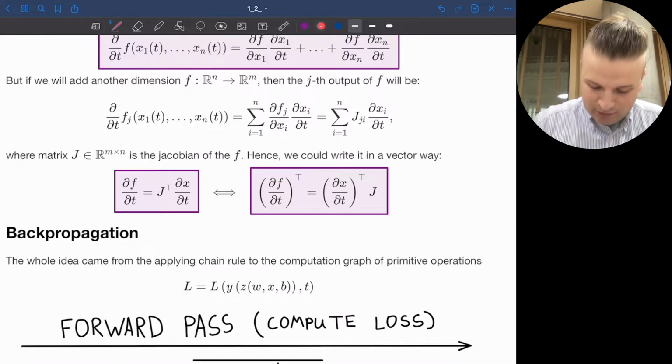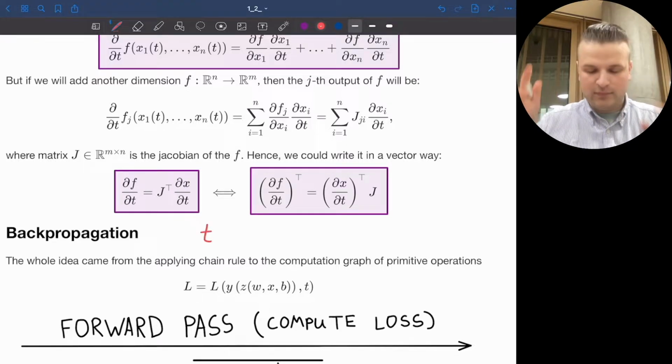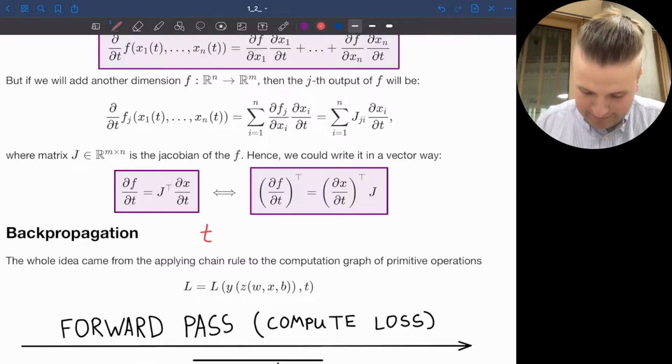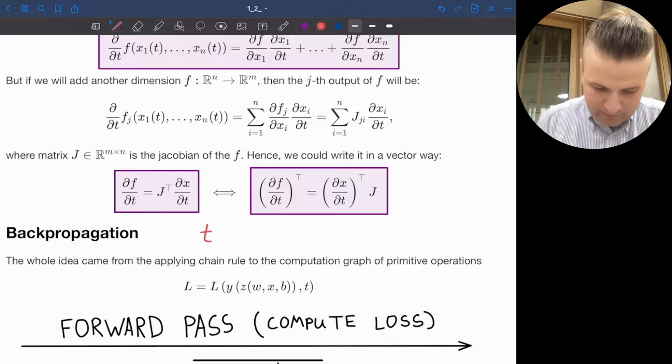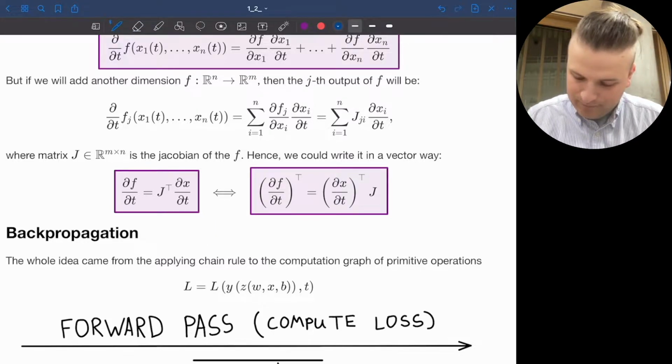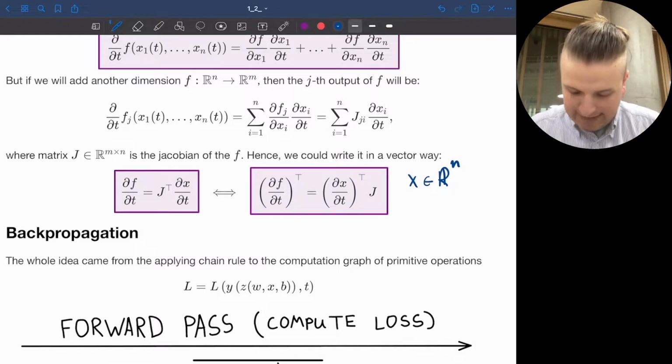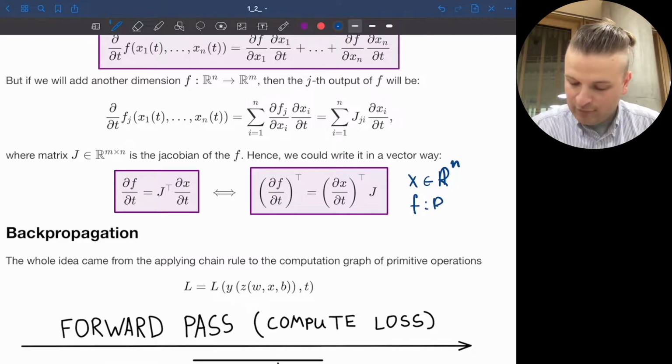What do we have here? We have here some, say, input t, doesn't matter here actually a lot. And then we have, let's say, again we have x, which is n-dimensional vector. We have f, which maps from Rn to Rm.